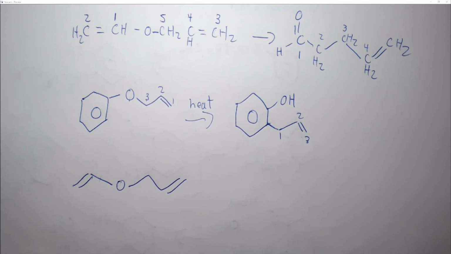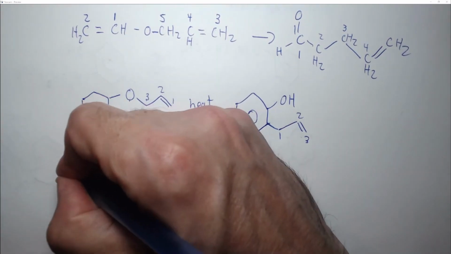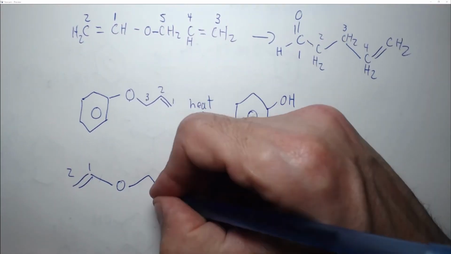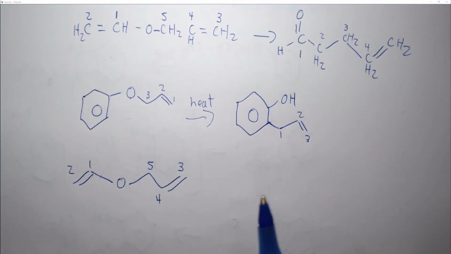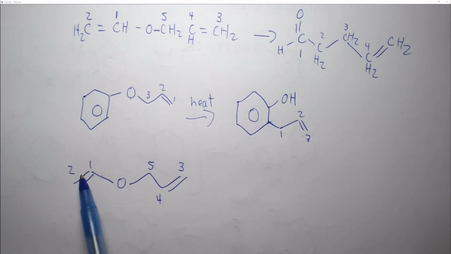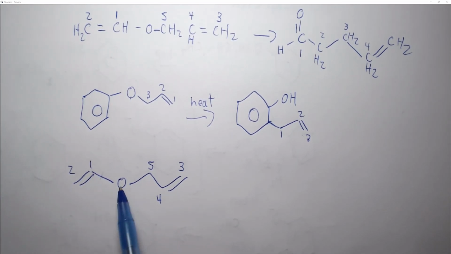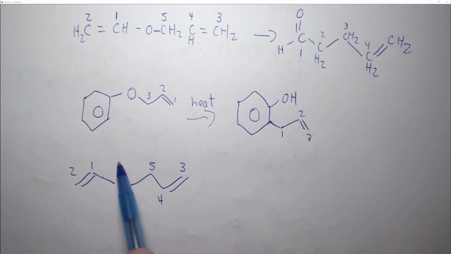So in this case, I'm going to call this 1, this 2, this 3, this 4, and this 5. In the case of an allyl vinyl ether, what we're looking at is on the side where carbon 1 has a double bond attached to it, and it's directly attached to the O, that is the side that's going to retain its bond to oxygen.